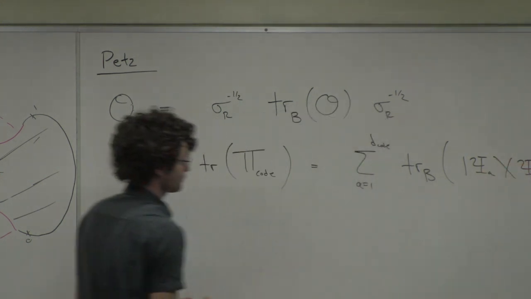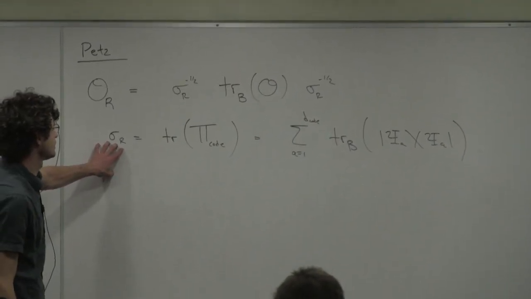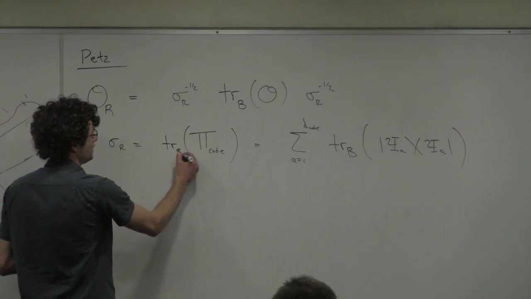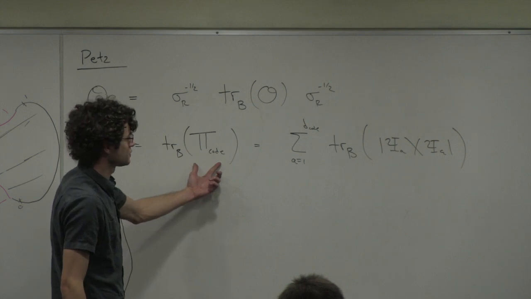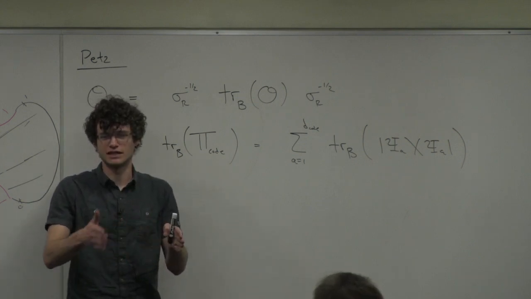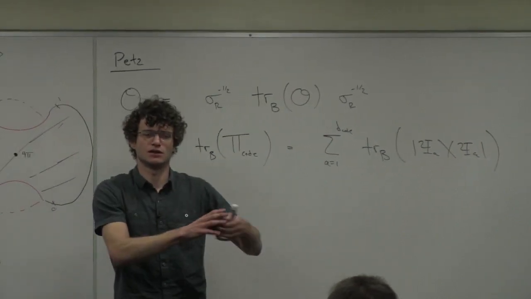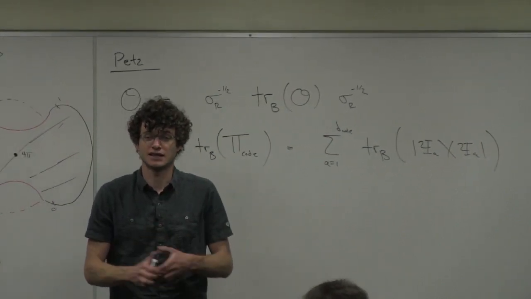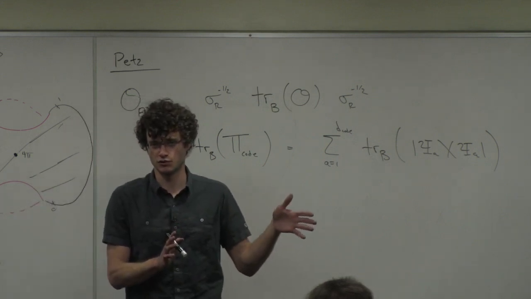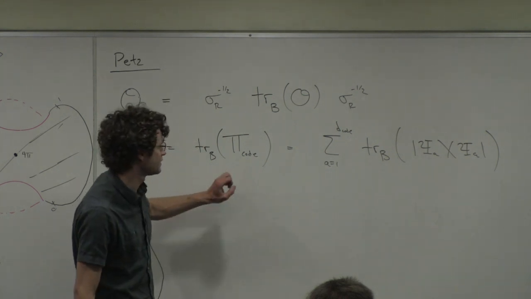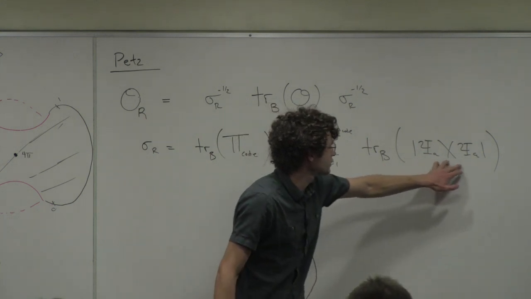So you define this operator sigma R. It's like an unnormalized density matrix, which is the trace over B of the projector onto the code subspace. The code subspace just means the span of all these states psi A that we're going to be considering. We took some field theory states A, we embedded them in the full BR system. That's like an embedding of logical qubits in some code. That's the reason for the use of the term code subspace. And this sigma R is defined to be the trace over B of the projector into that full subspace.